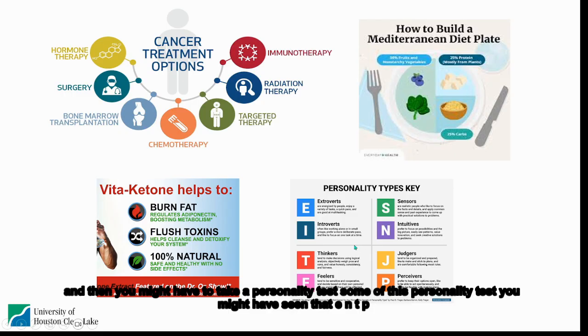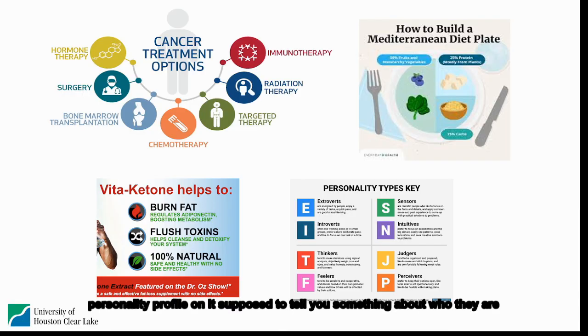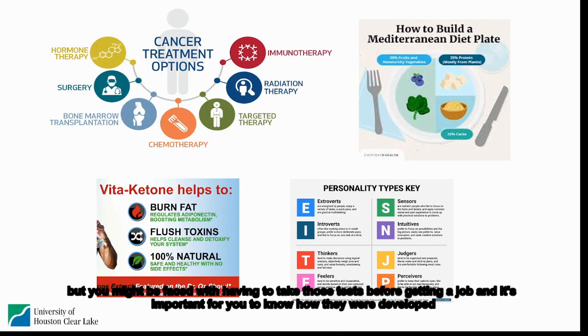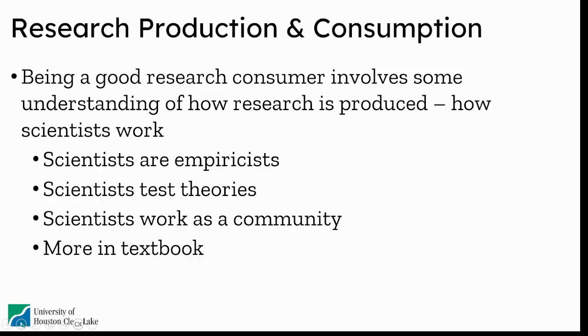And then you might have to take a personality test. This personality test, you might have seen the ENTP letters, acronym, whatever, before someone's personality profile, and it's supposed to tell you something about who they are. But you might be faced with having to take those tests before getting a job, and it's important for you to know how they were developed, how they were validated, and why.